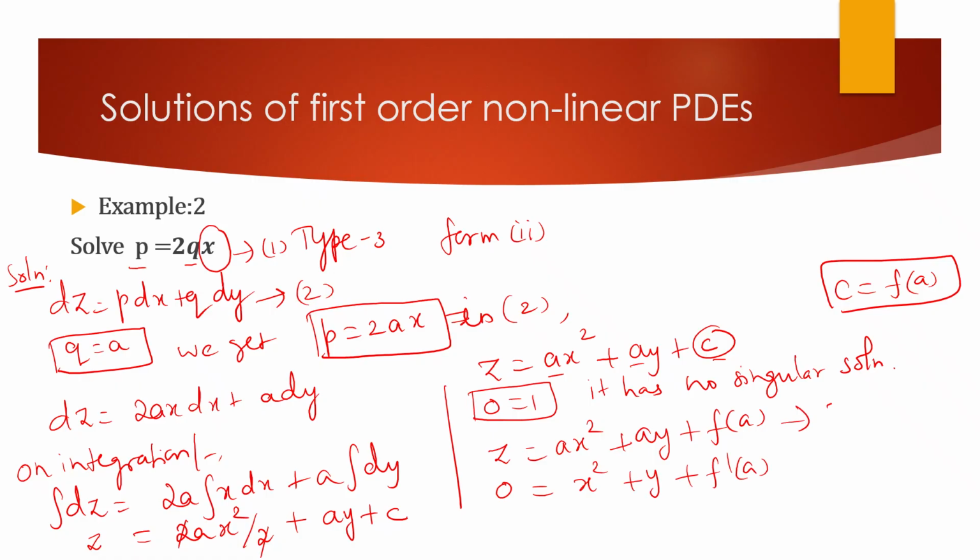So elimination of a from 3 and 4 gives our general solution.